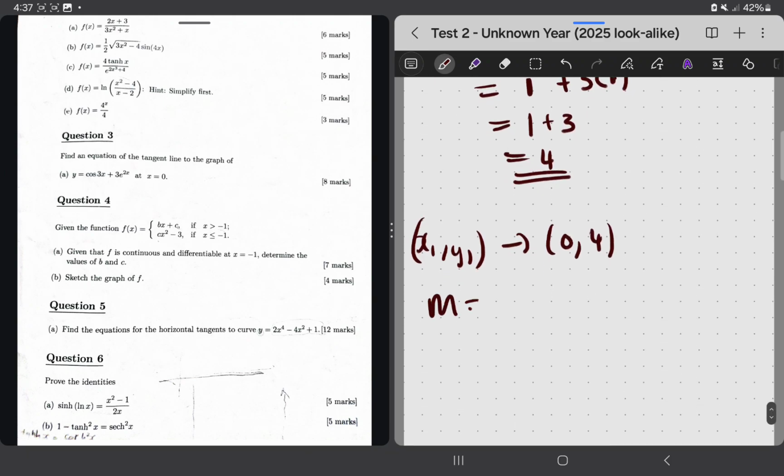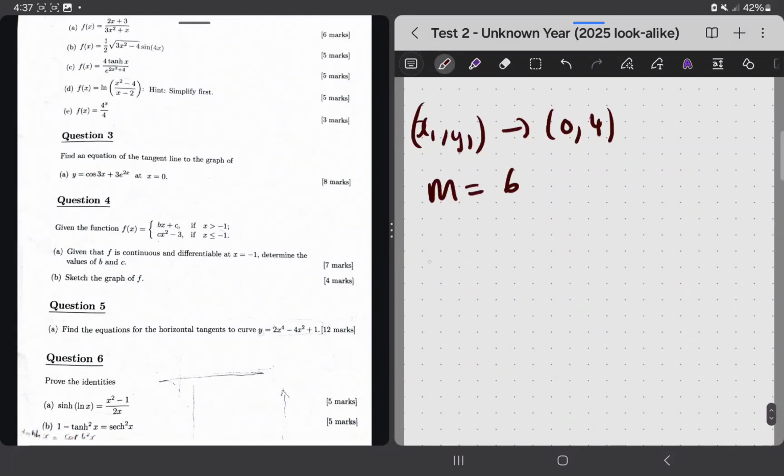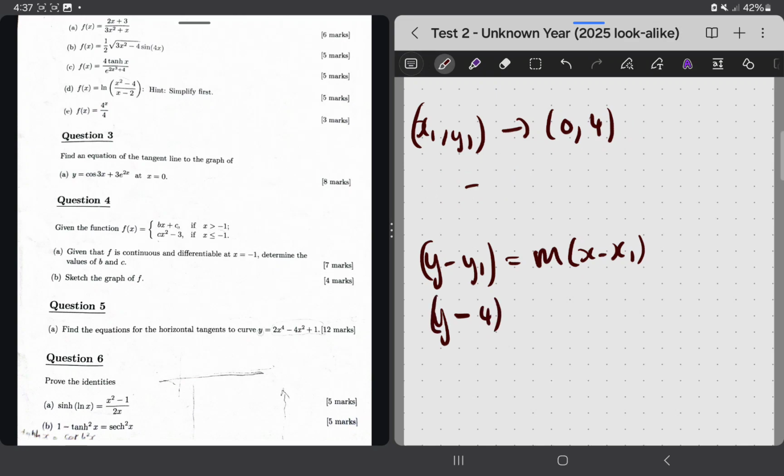Then we can say m is equal to, what did we get as our m, by the way? 6. Now you say y minus y1 is equal to m multiplying x minus x1, which is y minus, what's our y1? 4. You can even come below and say that x1 is equal to 0 and y1 is equal to 4.